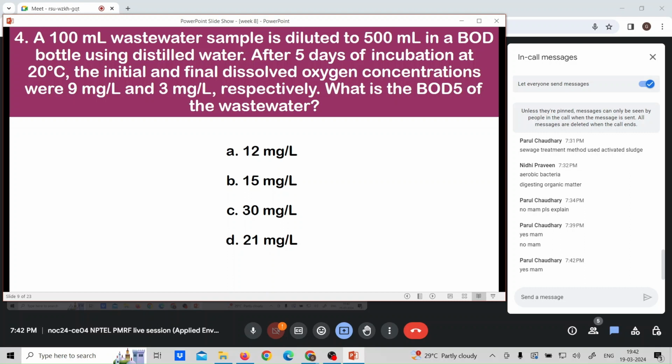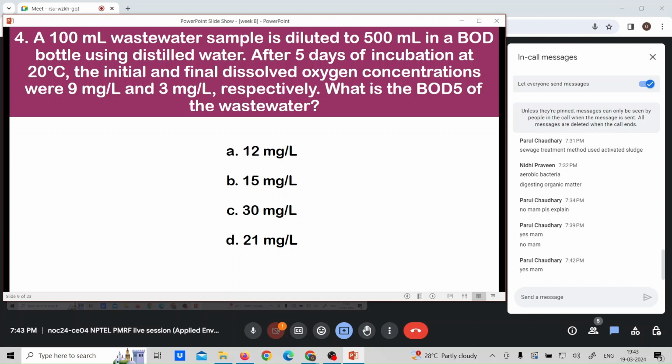So now, what is BOD 5? Very simple question, right?